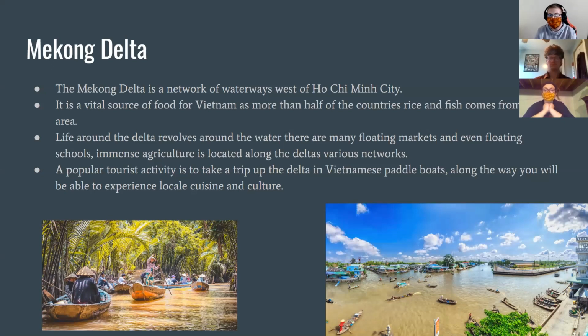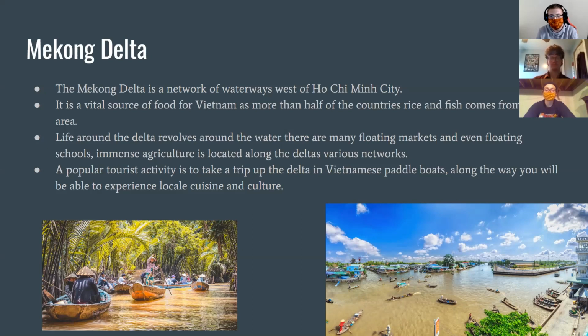For people who live in this area, water is really what their life revolves around. There are tons of floating markets, and there are even floating schools. Really, everything in your life is on boats and the water.